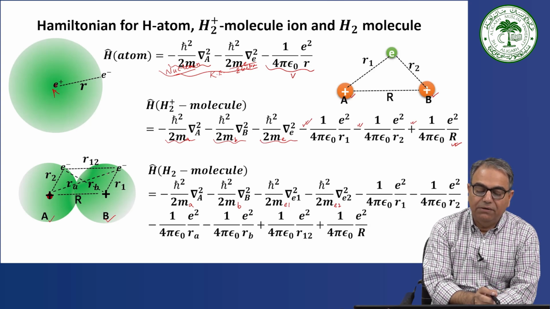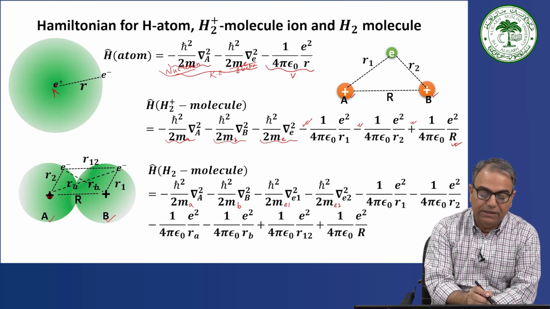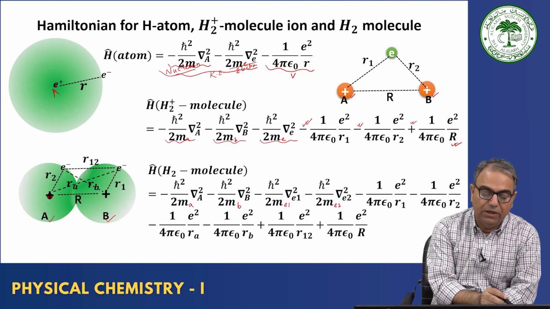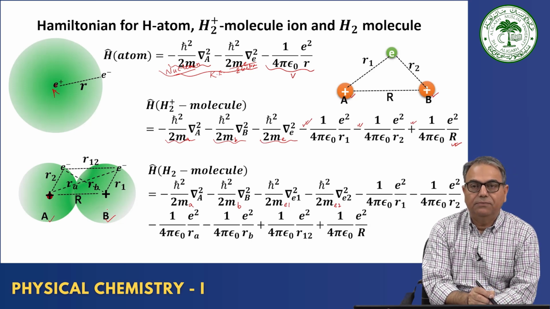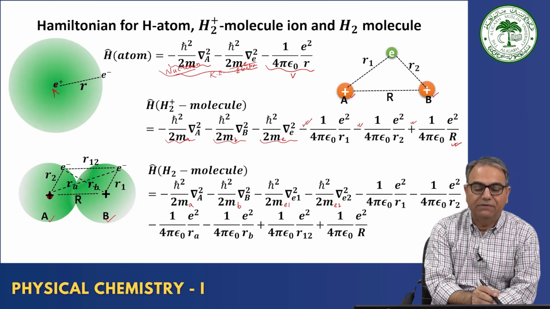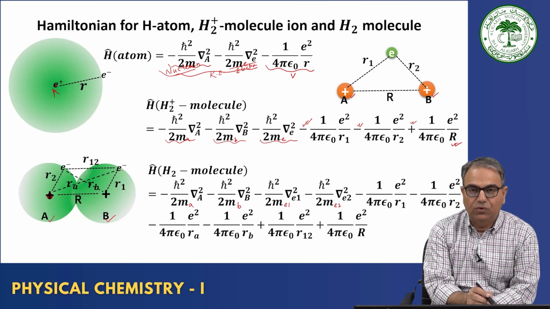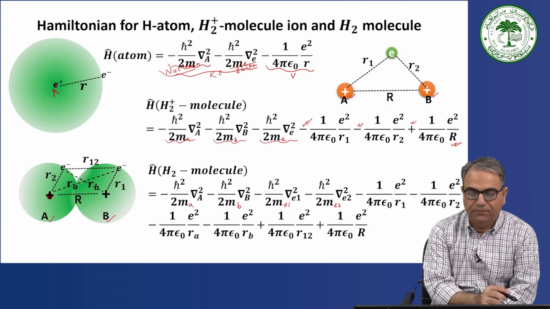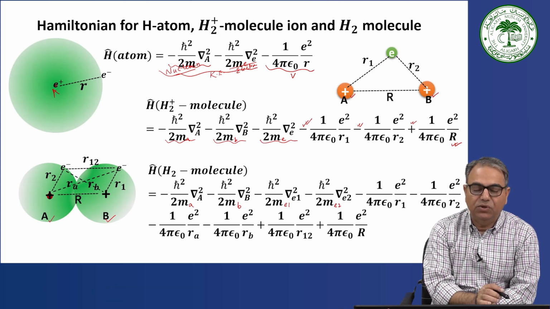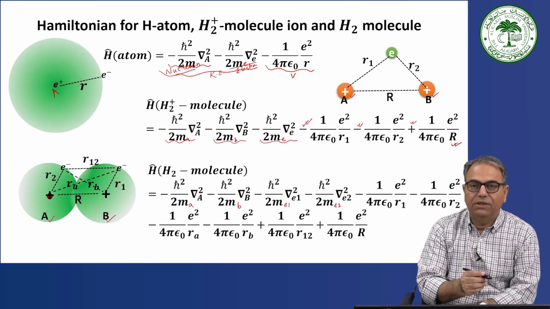Each electron will be attracted by both nucleus A and B. So electron 1, which is present in atom A, is attracted by the nucleus of A and the nucleus of B. So 2 kinds of attractive interactions for each electron. Electron 2, which is present in atom B, is attracted by the nucleus of B and the nucleus of A. So you have 4 attractive terms and 2 repulsive terms for the potential energy.